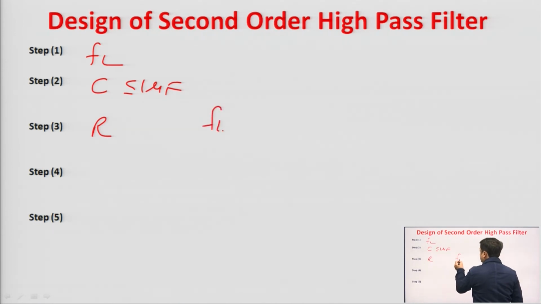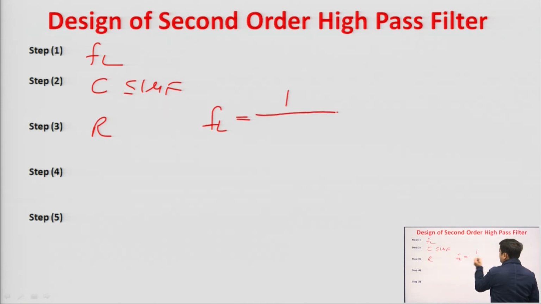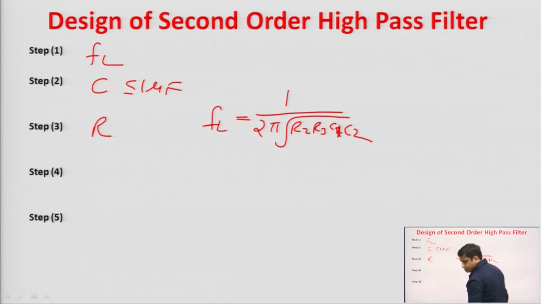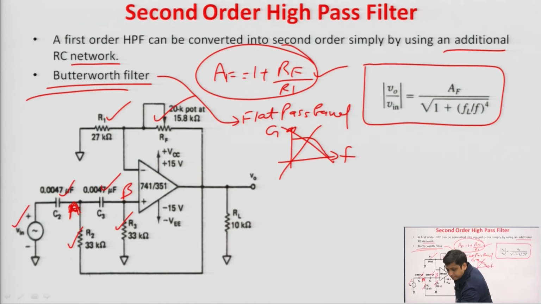So, what is the cutoff frequency in case of second order high pass filter? It is 1 upon 2 pi under root R2 R3 C1 C2. Let us see the circuit again. We are taking here C2 and C3.